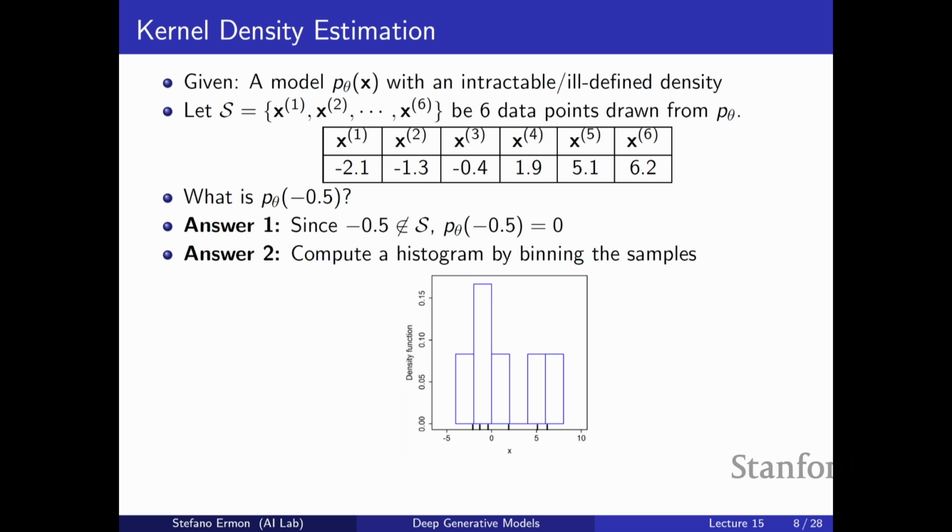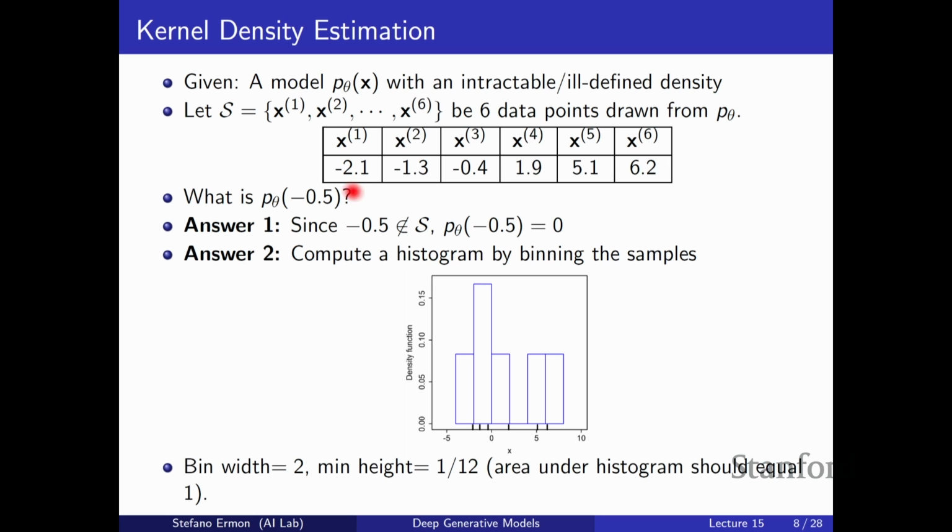For example, you can build a histogram with bins of width 2, count how frequently the data points land in the different bins, and then make sure the object you get is properly normalized, so that the area under the curve is 1.